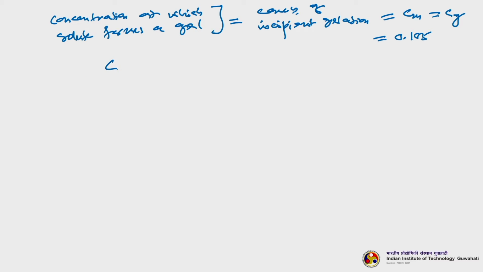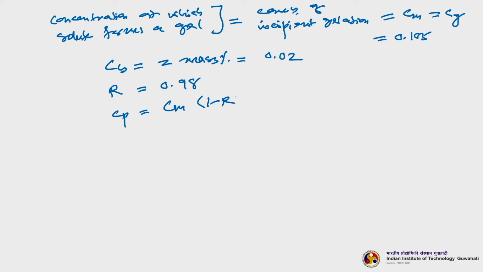Then Cb, the bulk feed concentration, is given as 2 mass percentage. So, in fraction we can write 0.02. Rejection coefficient R is given as 0.98. So, Cp, the permeate concentration, equals Cm into 1 minus R, okay. So, that is 0.105 into 1 minus 0.98, okay.